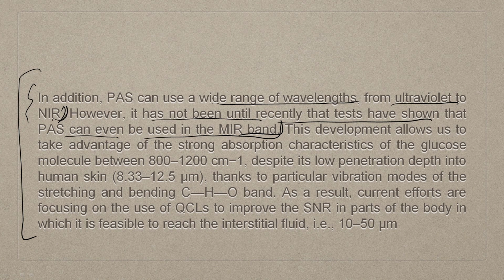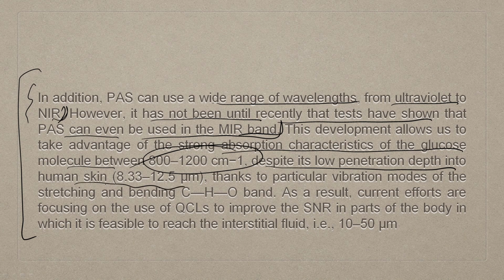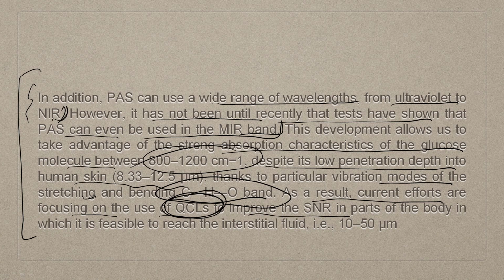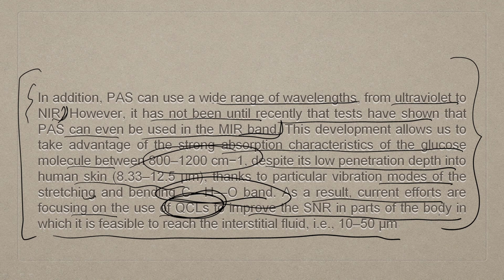This development allows us to take advantage of the strong absorption characteristic of the glucose molecule in the range of 800 to 1200 cm^-1, despite its low penetration depth into the human skin, which is around 8.33 to 12.5 micrometers, and thanks to the particular vibration modes of stretching and bending of the C-H-O bonds. As a result, current efforts are focusing on using QCL, the quantum cascade laser we talked about, to improve the signal-to-noise ratio, in which it is feasible to reach interstitial fluid at 10 to 50 micrometers.